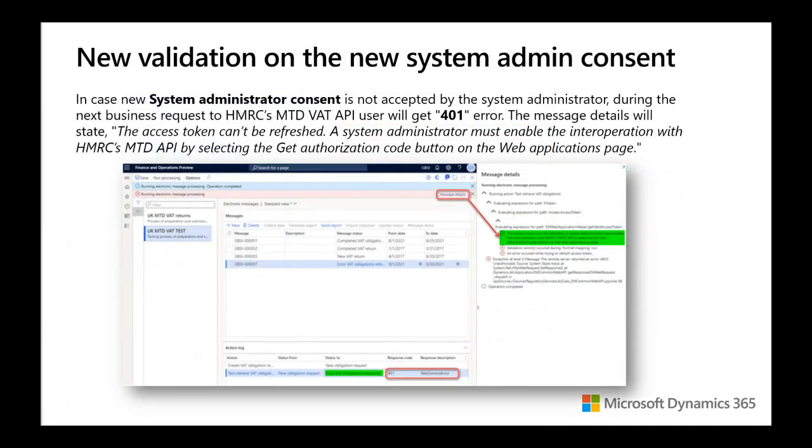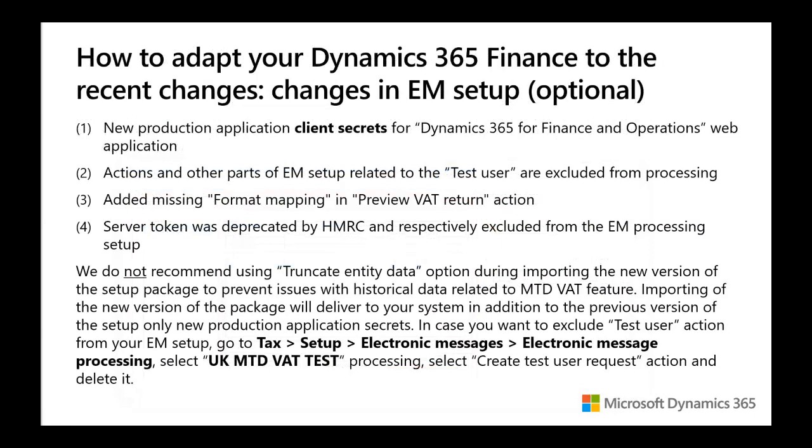In case the system administrator does not provide a new consent, the token of the production web application will not be possible to refresh, and no requests will be possible to send to HMRC. Well, that was the most important part of the new setup.